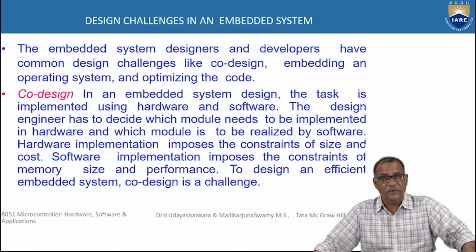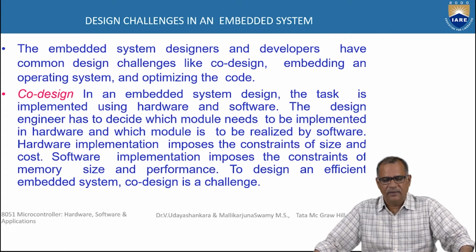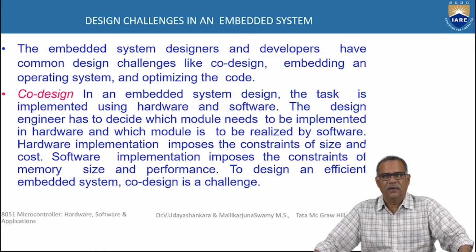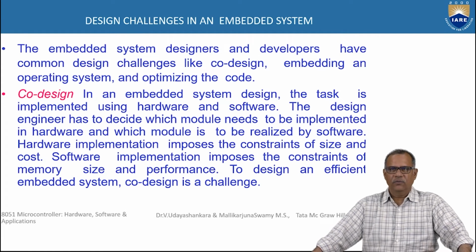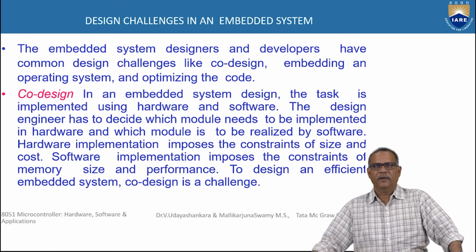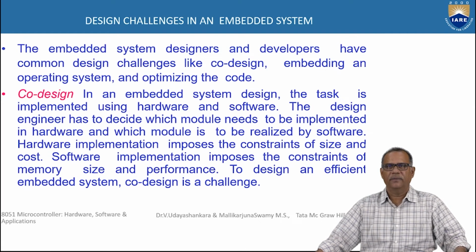processing speed. And co-design: in an embedded system design, the task is implemented using hardware and software. So the design engineer has to decide which module needs to be implemented in hardware and which module needs to be implemented by software.